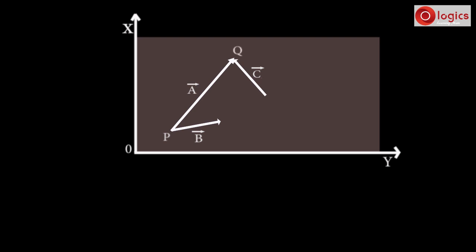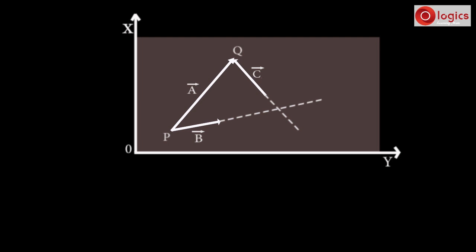Draw an extended line from the head of b bar. Draw another extended line from the tail of c bar. Observe, both these extended lines meet at a point.